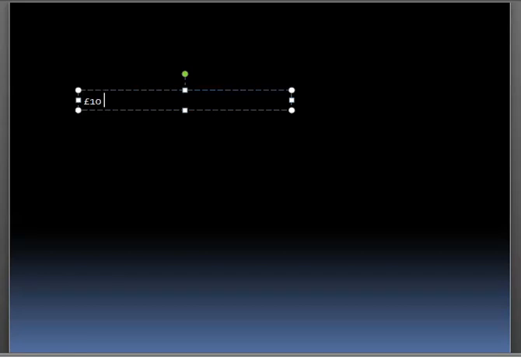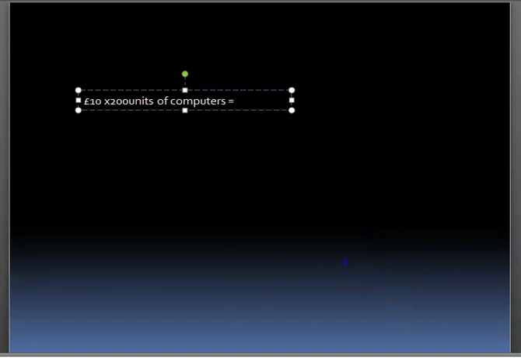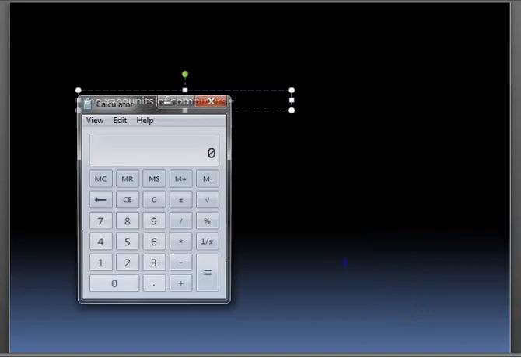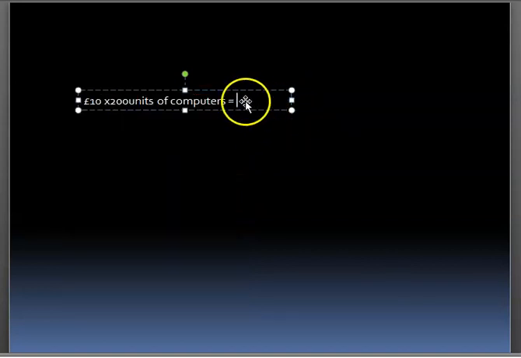And then the company wants to produce, let's say, 200 units of computers. That's just going to be 10 times 200 units. Sorry, my computer is playing up there. So is it 10 times 200 units? Yeah, that gives £2,000. So £2,000 is going to be the variable cost.